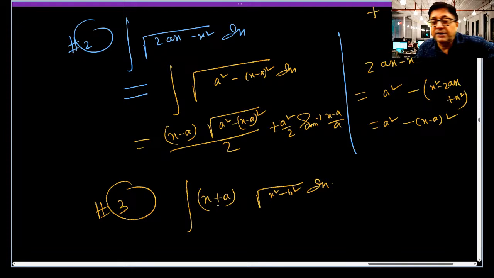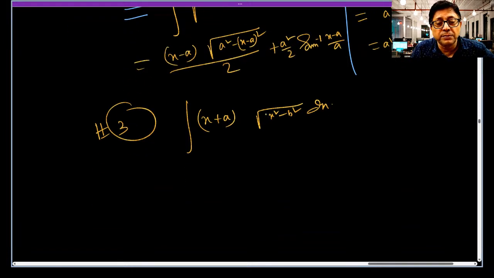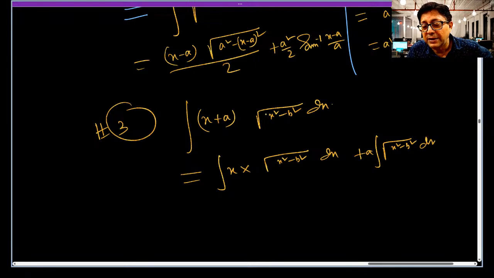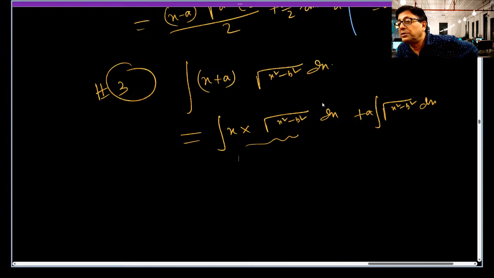You just separate this integrand, you write in the form x into root over x square minus b square dx, isn't it? This one is the chapter 2 sum, substitution.